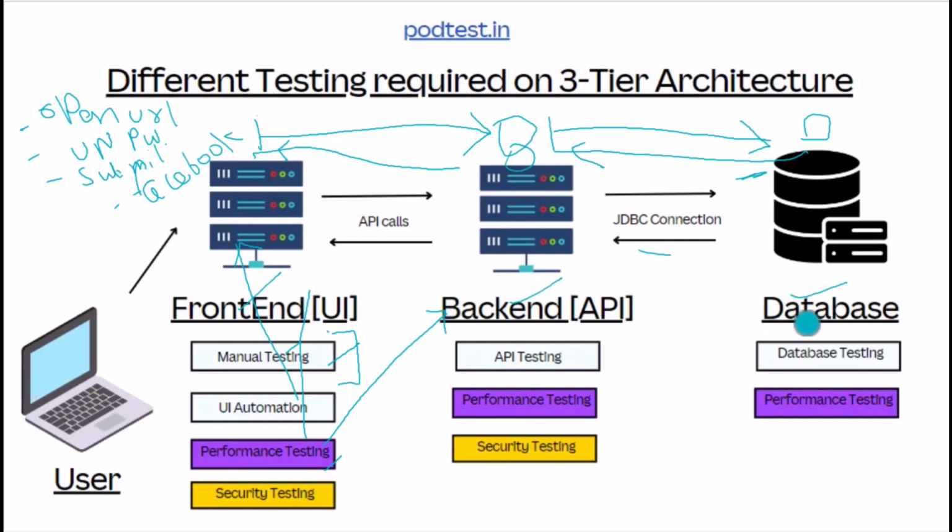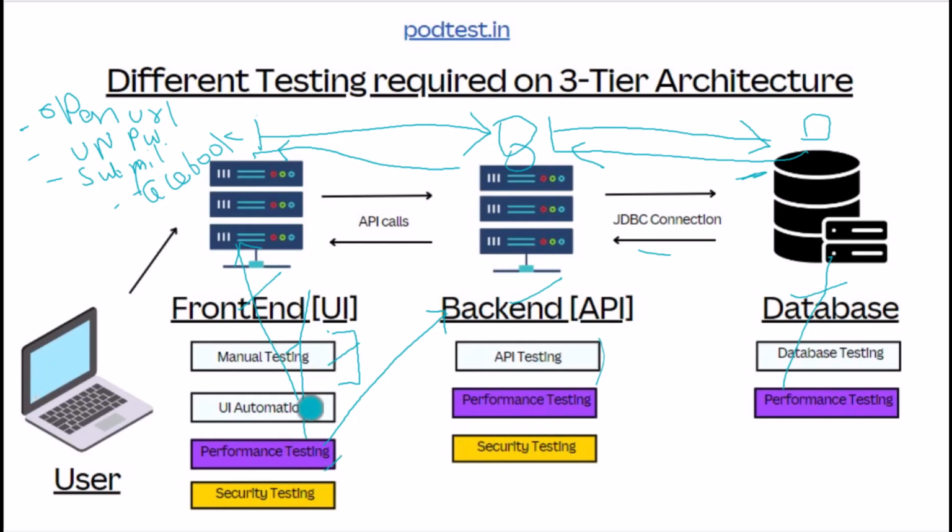And similarly on the database side, using performance testing again, we can identify whether, let's say, there are any deadlocks or something else happening within the database because of this query. So this could be happening here also. That's why performance testing has been placed in all three sections here.